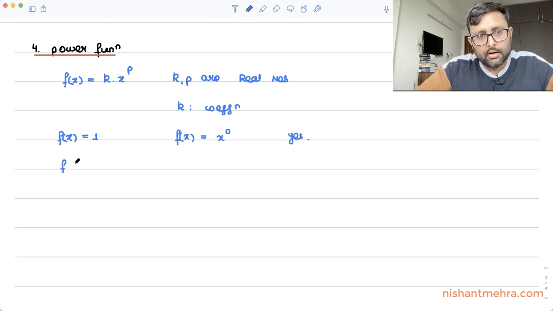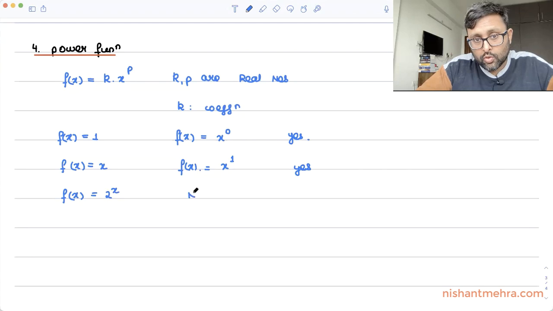Yes, that's a power function. So you have a function like this, a constant function. So f(x) is equal to just 1, y is equal to 1. It's a constant function. So here you have x to the power 1, I can write like this. So yes, this is also a power function. Is this a power function? No. For a power function, you need the variable as the base and a constant as the power.